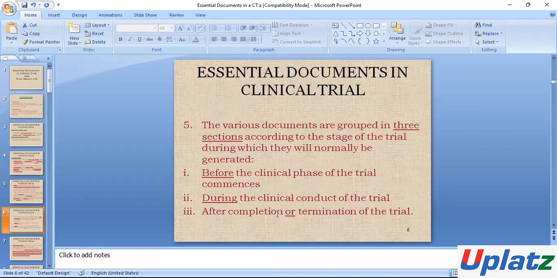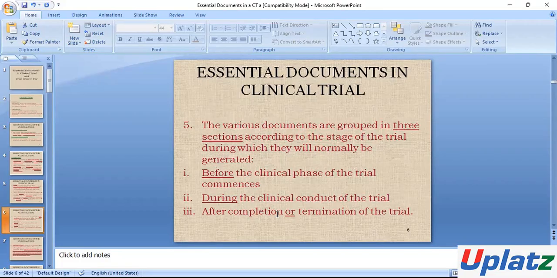So you might have the question, what are these essential documents? The various documents are grouped in three sections according to the stage of the trial during which they will normally be generated.